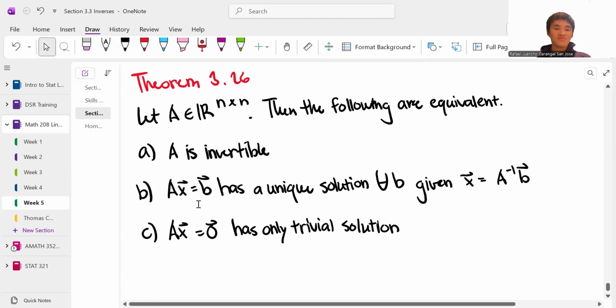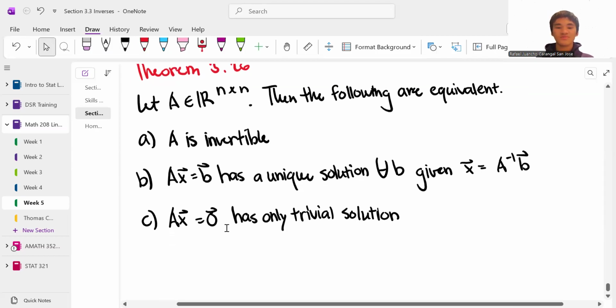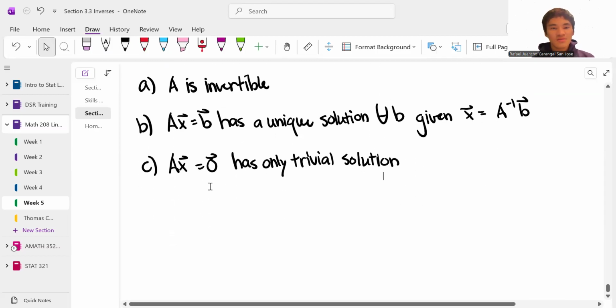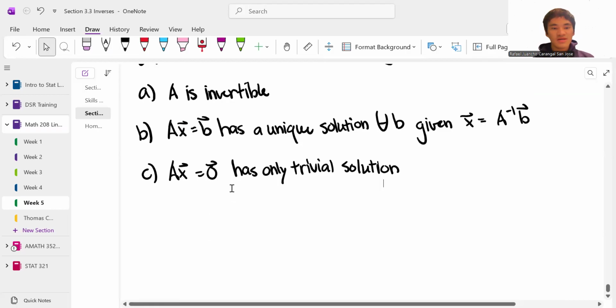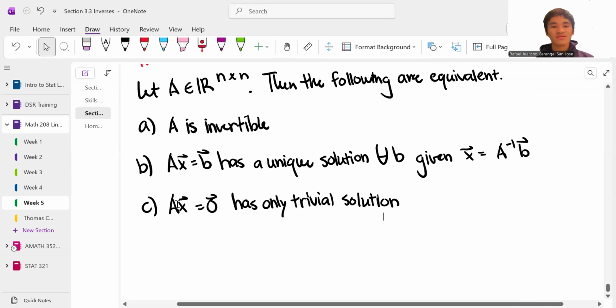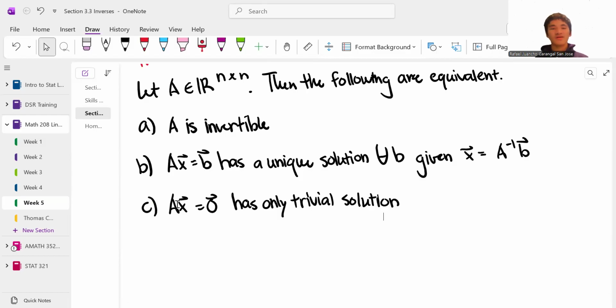Something that we've seen before, if this has a trivial solution, we know that the column vectors of A, if we put that into a set, that set of column vectors of A is linearly independent. And if they are linearly independent, then we say it's invertible, right?